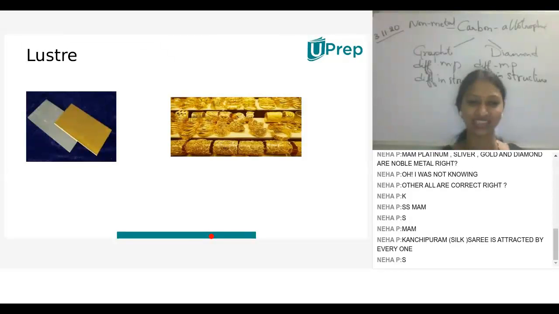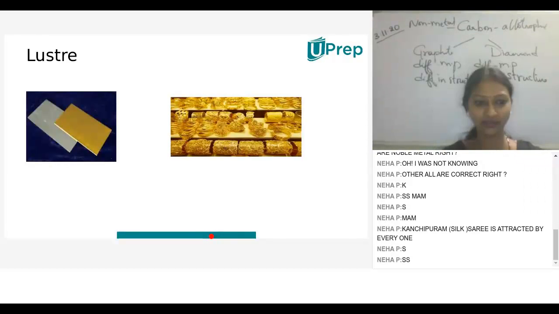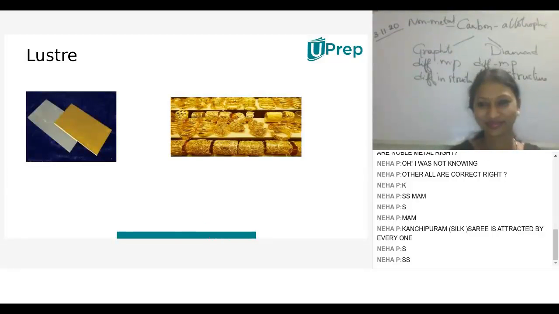Kanchipuram silk saree is attractive to everyone. Yes, silk is very precious. Even I am very fond of silk. Neha, you are wonderful in knowledge of textiles. Yes, ma'am. Neha said that she's from Kerala. So, ma'am, I think it's a type of saree from Kerala only.